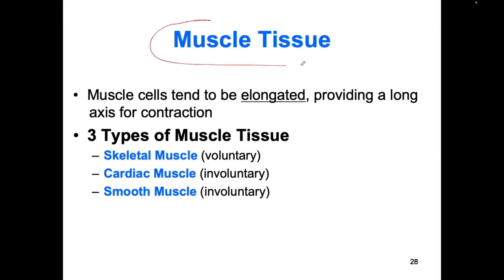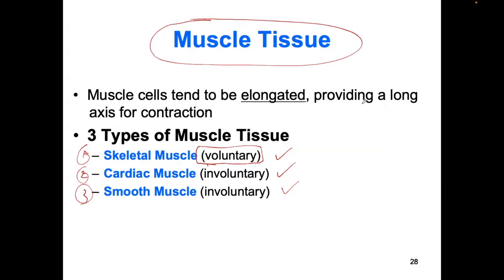Now, muscle tissue, a little bit easier because there's only three types. So there's skeletal muscle, there's cardiac muscle, and smooth muscle. Skeletal muscle is easy to know where we're going to find it because it attaches to the skeleton. And it's voluntary. You can consciously and voluntarily control your skeletal muscles.